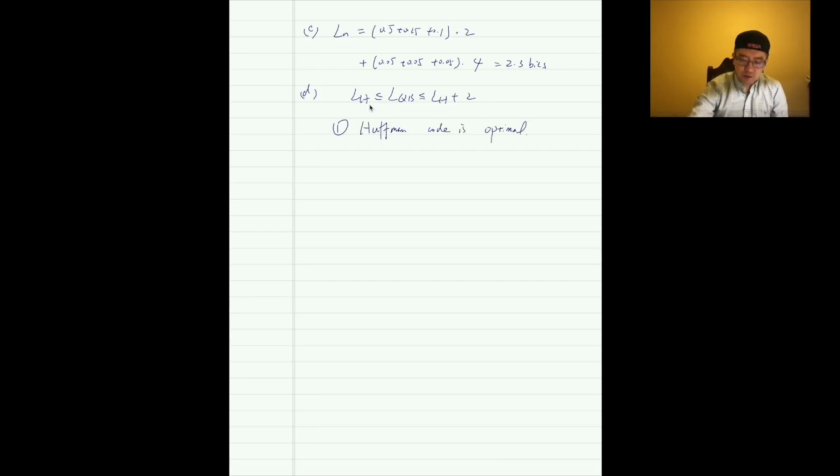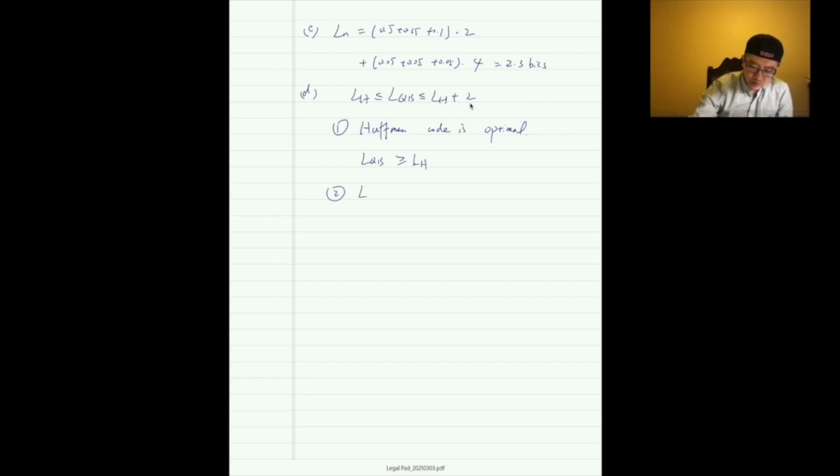Therefore, for this LQB, which is from another construction, it has to be bigger than or equal to LH, since LH is optimal already for the binary codes. Now we need to prove the other direction holds. We need to prove this is less than LH plus 2. Okay, let's see whether that is straightforward or not.